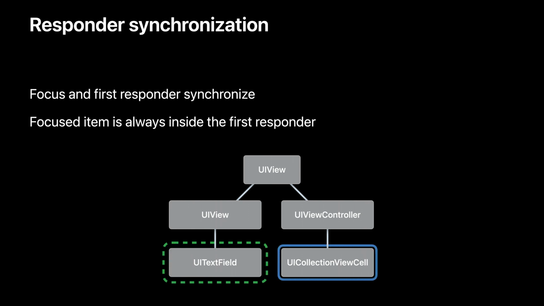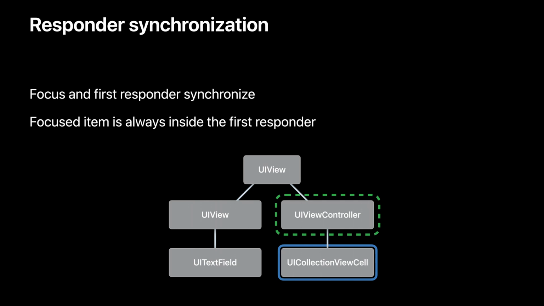When focus moves to this collection view cell, UIKit also tries to move the first responder to this cell. If this cell returns false from can become first responder, the system iterates up the responder chain to find a responder that returns true. In this case, that responder is the cell's view controller.